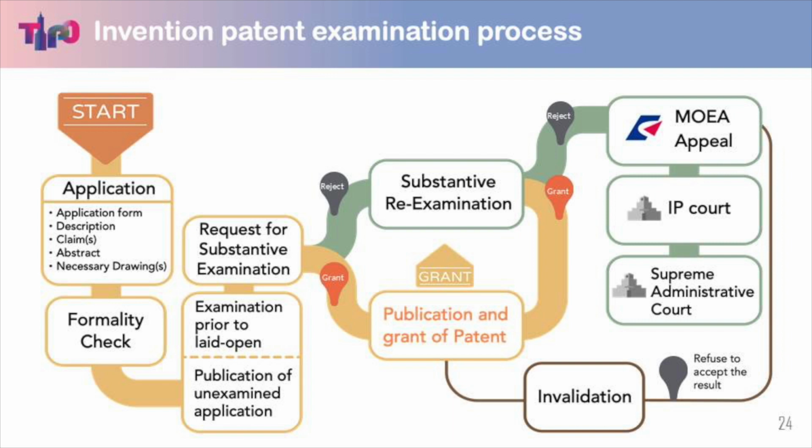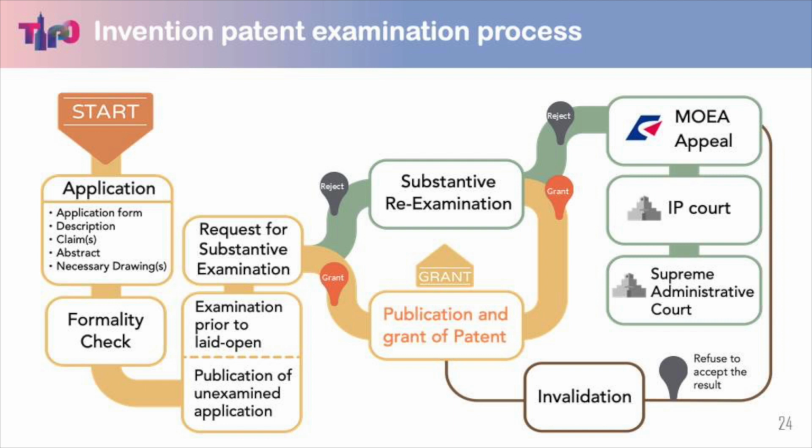After we receive the request of substantive examination, the examiner will start to examine whether the invention is patentable. If it is approved, then we will issue the certificate and the granted patent will be published.